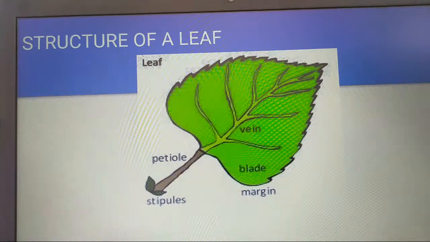The third part of the leaf is midrib. Then the fourth part is the vein.